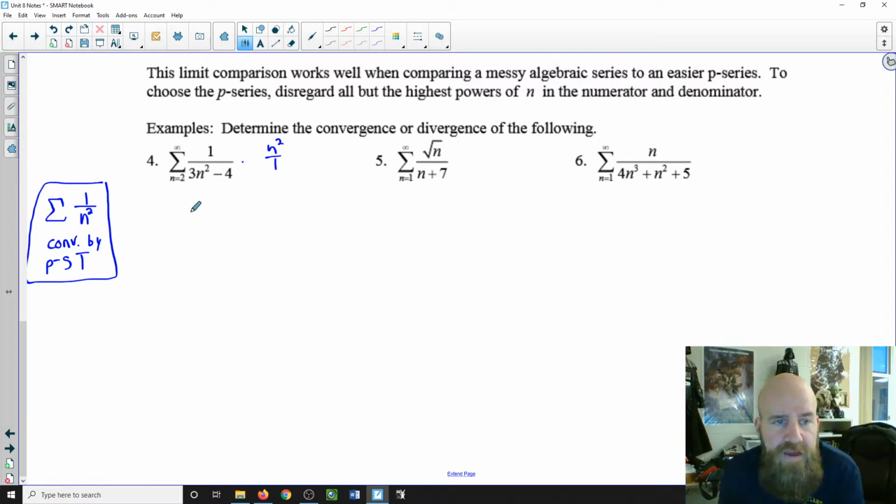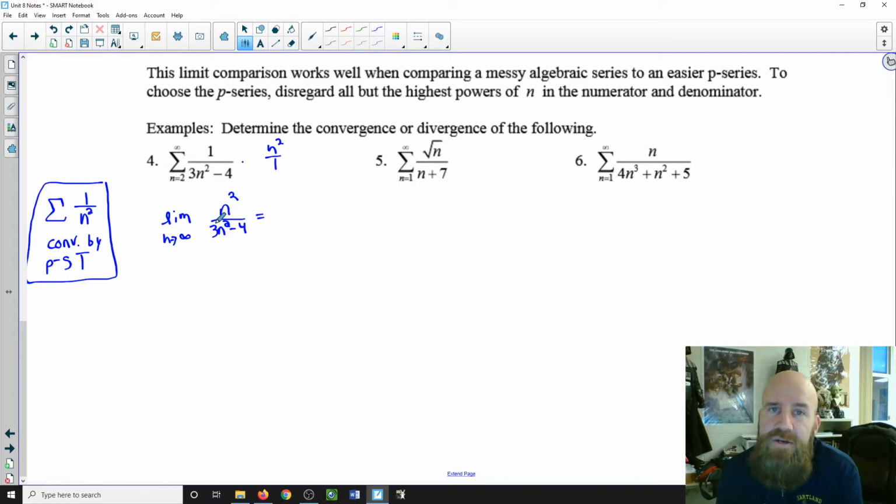So if we do that, we end up with n squared over 3n squared minus 4, and we're going to take the limit as n approaches infinity. If we take the limit as n approaches infinity of this, we could do L'Hopital's a couple times, or we know the rule.